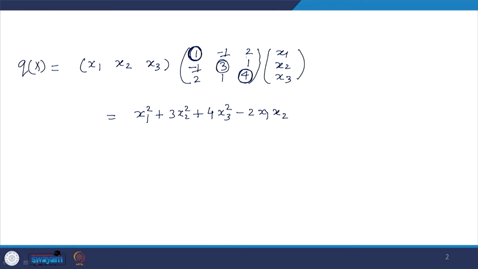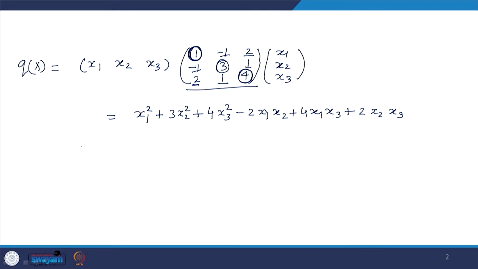Similarly, the coefficient of x 1 x 3 will be the sum of A 1 3 and A 3 1, so plus 4 x 1 x 3, plus the sum of A 2 3 and A 3 2, which will be the coefficient of x 2 x 3, that is 2 times x 2 x 3. So, this is the quadratic form associated with matrix A.